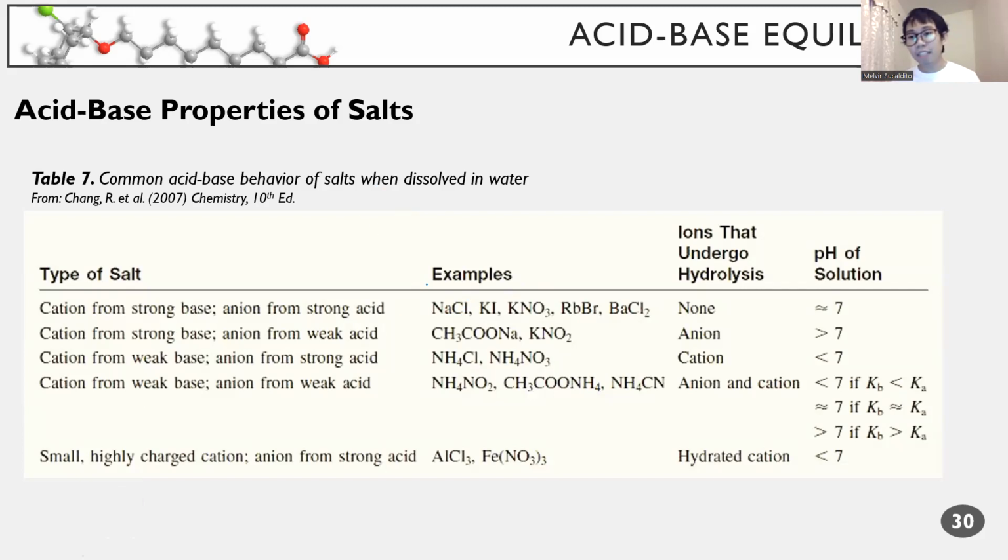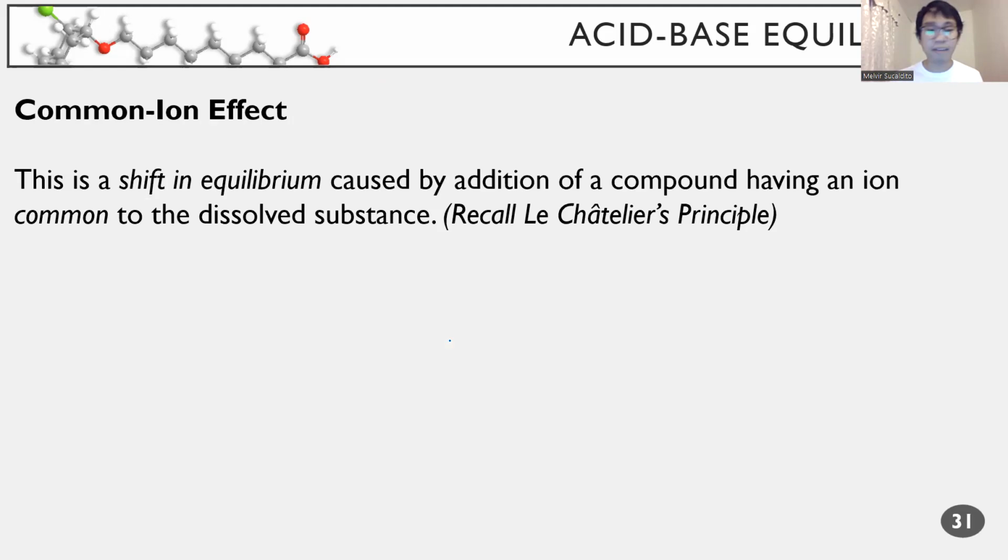Always remember lang na if it's a conjugate of a strong acid or a strong base, we don't really see any significant acidic or basic properties from those ions. Also, kailangan mo lang i-check dito is if it's a conjugate base ba or a conjugate acid. Kasi if it's a conjugate of an acid, then it will act as a base. If it's a conjugate of a base, then it will act as an acid in water, right? So ito yung last topic natin from our last meeting.